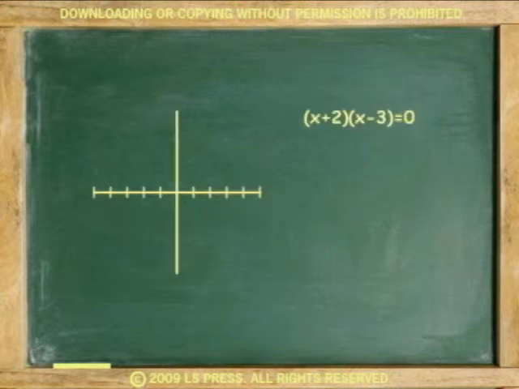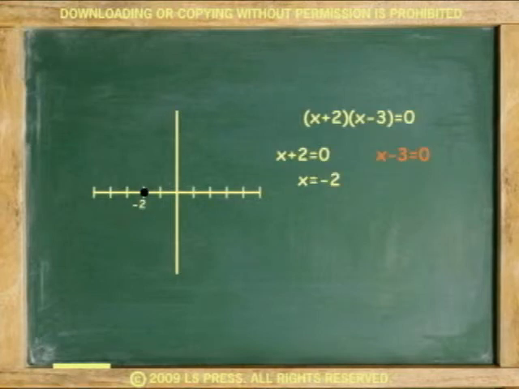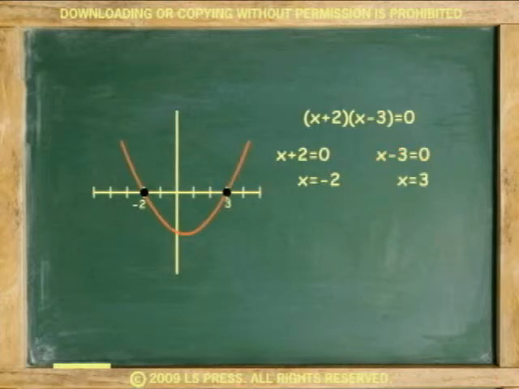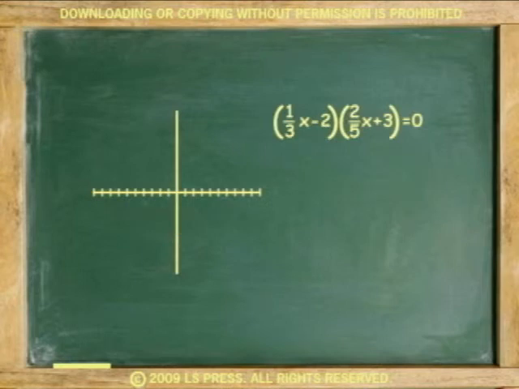Another example. Solve x plus 2 times x minus 3 equals 0. X plus 2 equals 0, x equals -2. Or x minus 3 equals 0, x equals 3. Another example.